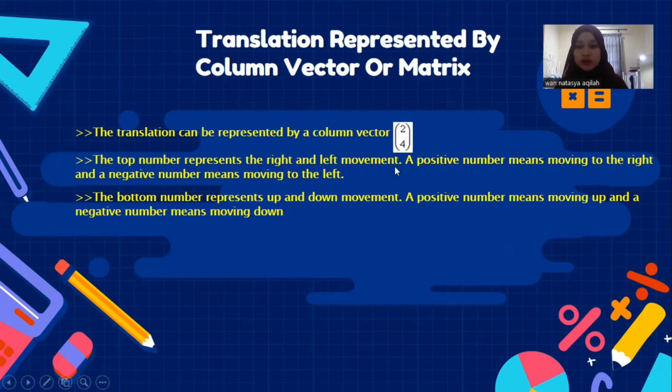So for this number 2, right or left is represented by the negative or positive of this number. And the bottom number represents up or down movement. A positive number means moving up and a negative number means moving down. So for the 4, it moves up because it is a positive number.